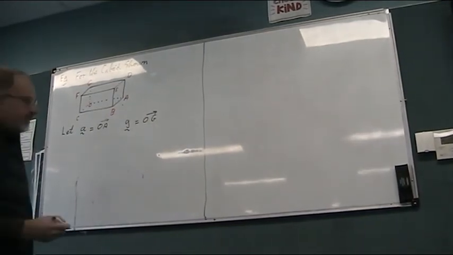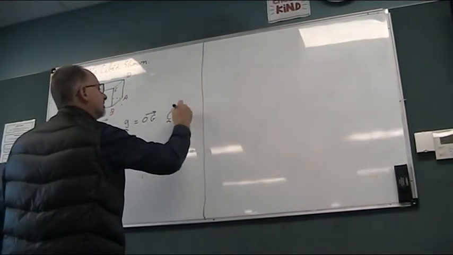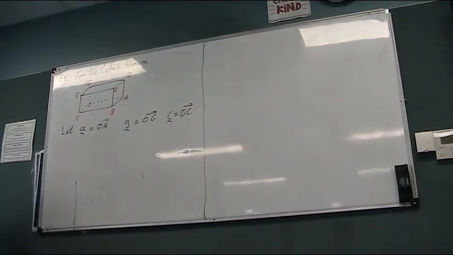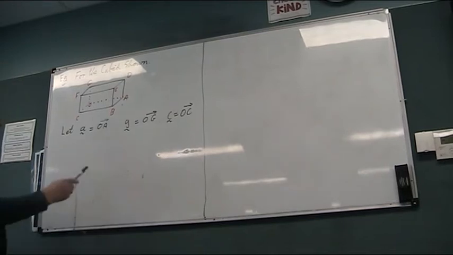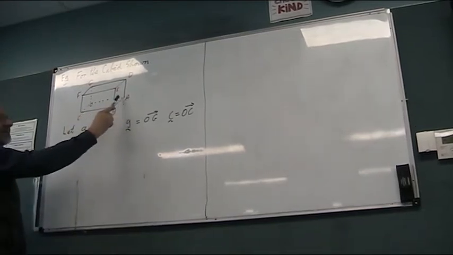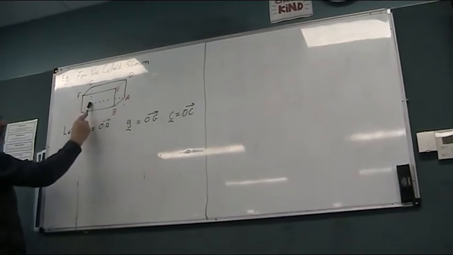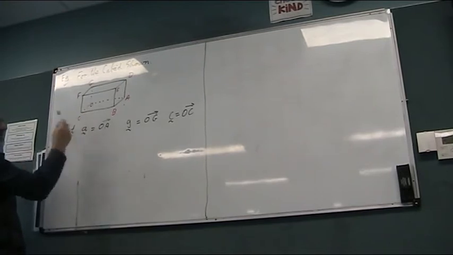And we're going to let vector C be OC. So vector A is this line here. Vector G is this one here. And vector C is this one here.